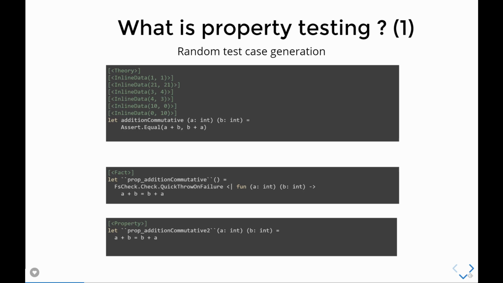The middle box there shows what an equivalent property test might look like using FsCheck. And the bottom version shows what it looks like with some of the ceremony taken out, using an extra package called FsCheck.Xunit, which integrates FsCheck into xUnit.